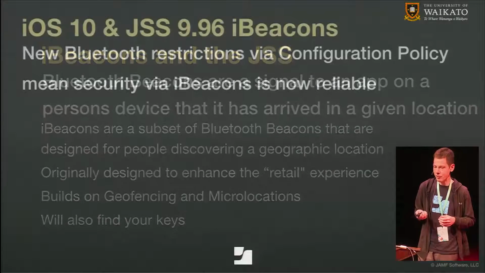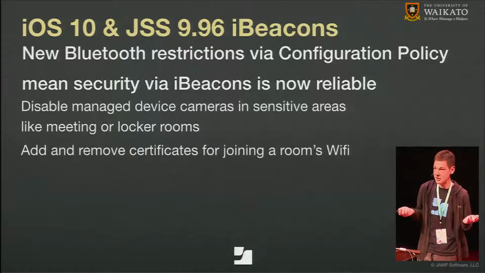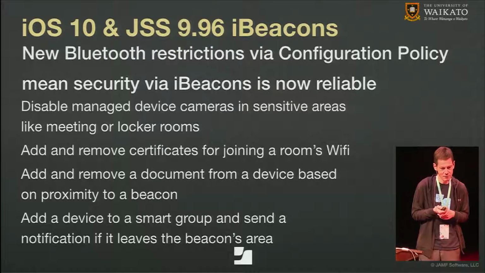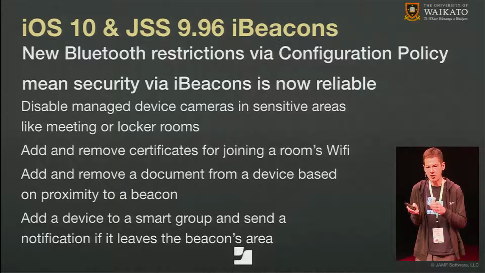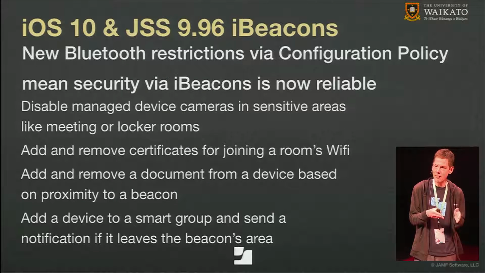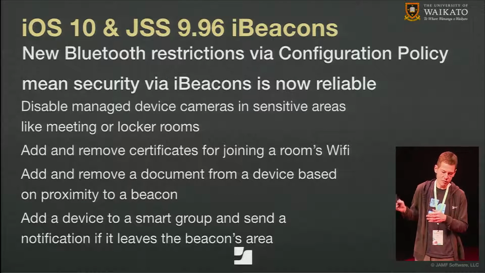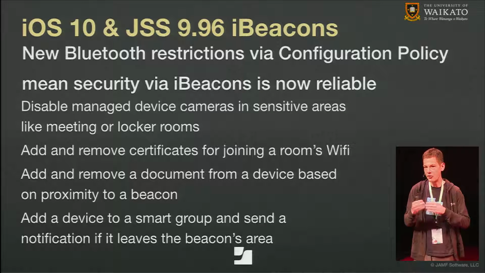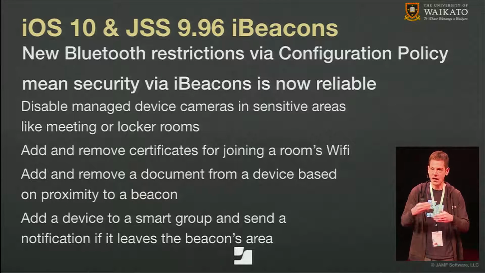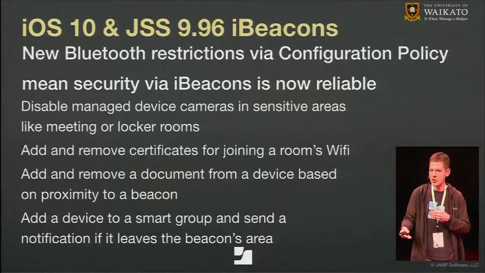So I'll talk a little bit about what beacons are, just in case you haven't really heard of them or explored them yet. So beacons are a trigger, a signal to either an app on a Mac or an iPhone to do a particular thing. And you can set them up to load configuration profiles in iOS or unload them, or add machines to smart groups.